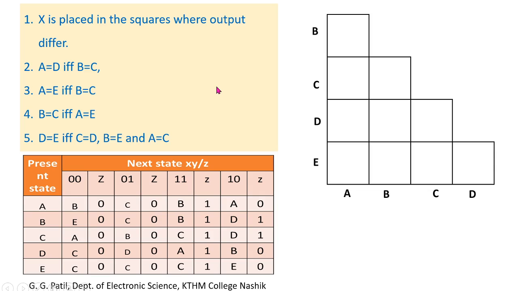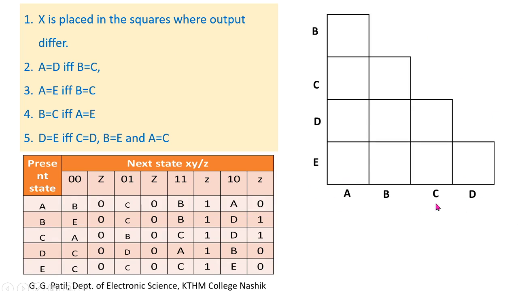here we have to use the implication chart method for finding the redundant state or the equivalent state. In the earlier lecture, we have studied the implication chart method of state reduction. The implication chart is nothing but grid arrays in this way.